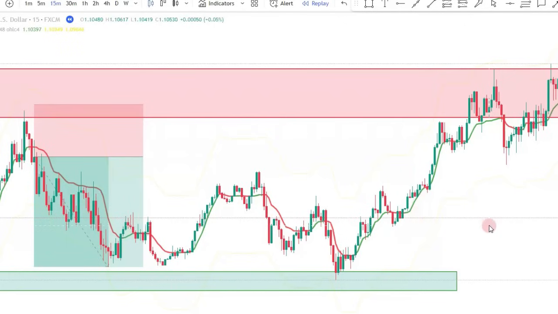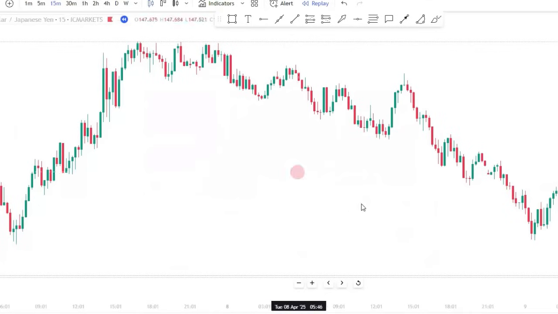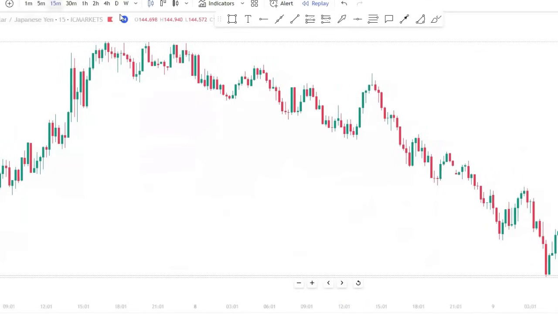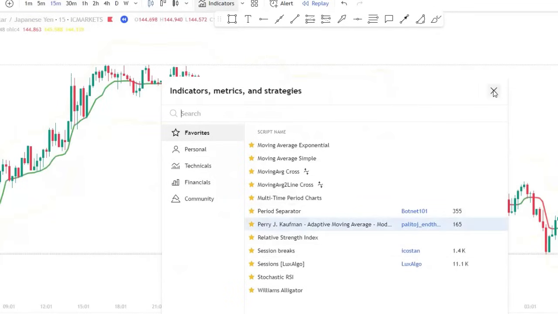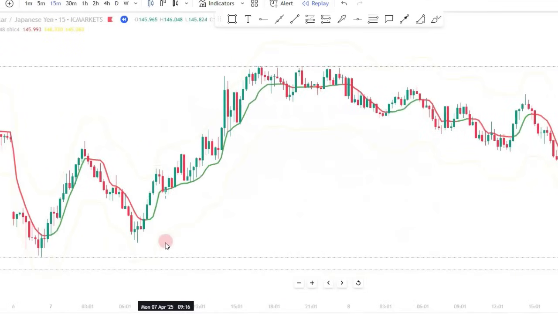Now, you're probably saying, Kerry, does this work for everything? Now, what I'm going to show you is USDJPY. So if we go to the same indicators tab and we add our Perry Kaufman indicator, you'd see the very same thing. Look at this.